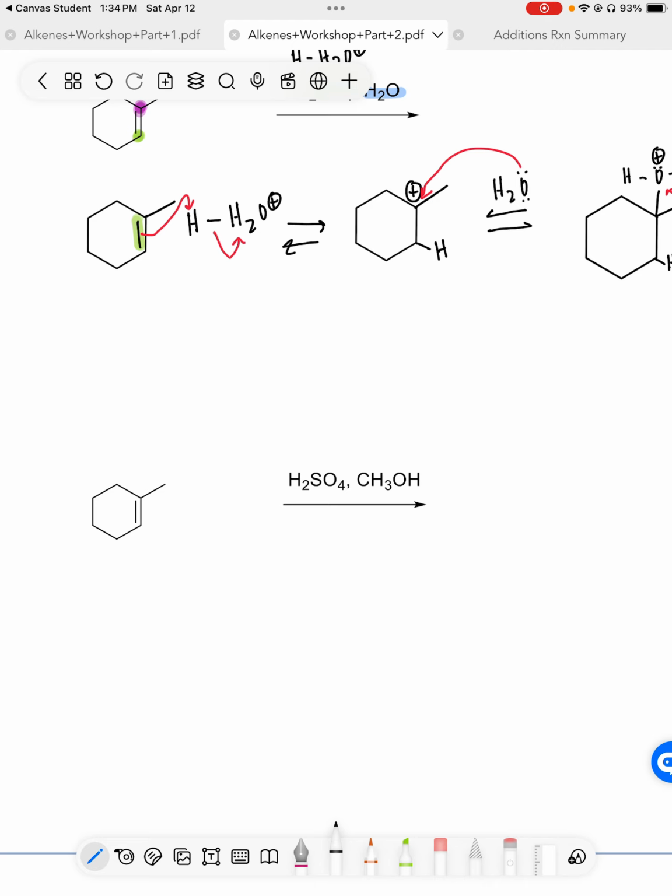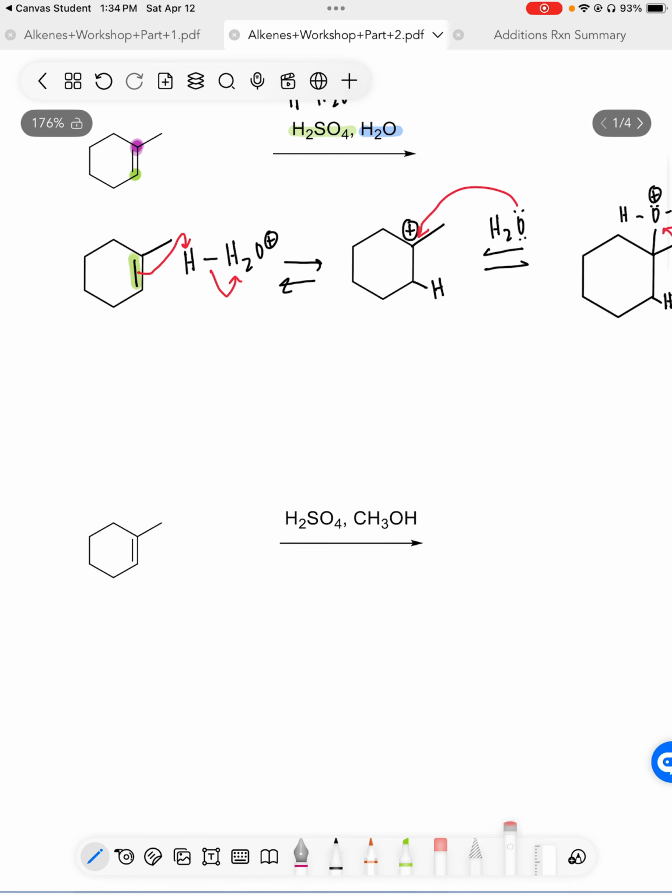is in similar conditions. So up above, we have our catalytic acid and water. Well, down here we have catalytic acid and an alcohol. So if you want to draw that out, it's just a methyl with an OH. And another way you can see it is ROH.